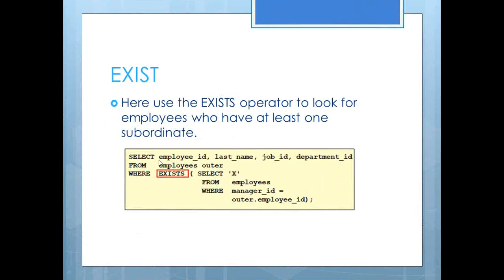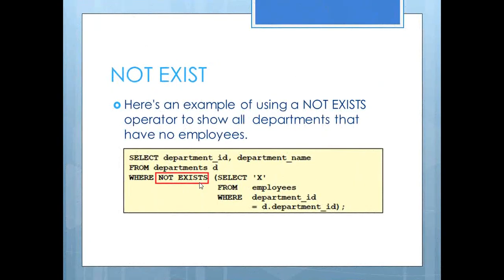We will display employee ID, last name, job ID, department ID from the employees table, where exists. And this is the example of not exists. We will display department ID, department name from departments where not exists.